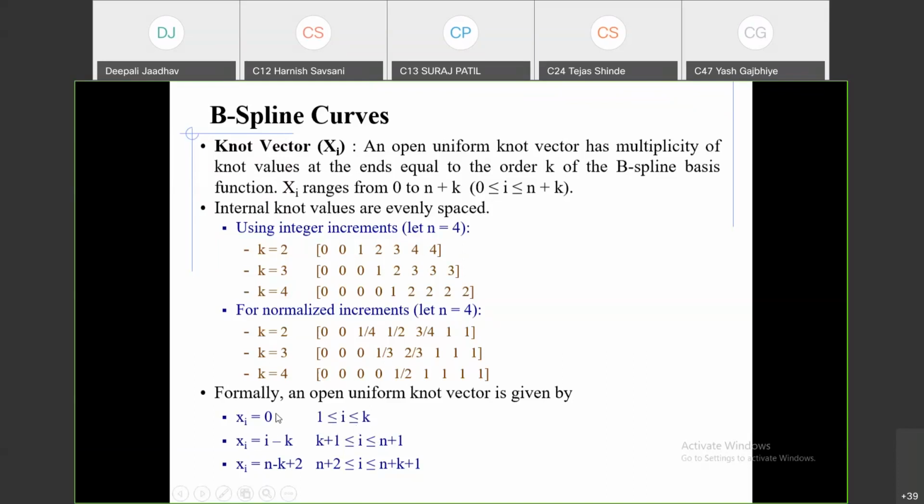Then xi is equal to 0. When i is greater than k plus 1 and less than or equal to n plus 1, then xi is equal to i minus k. When i is greater than or equal to n plus 2 and less than or equal to n plus k plus 1, then xi is equal to this value. Now see it with an example.